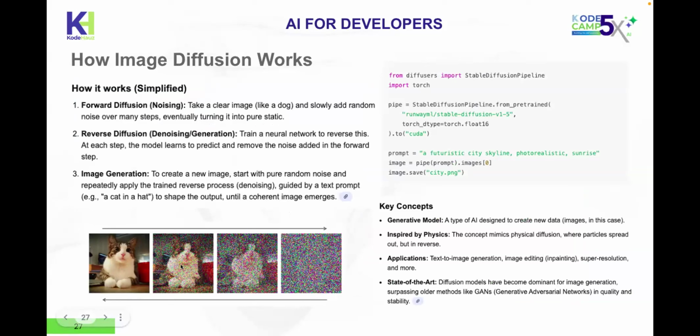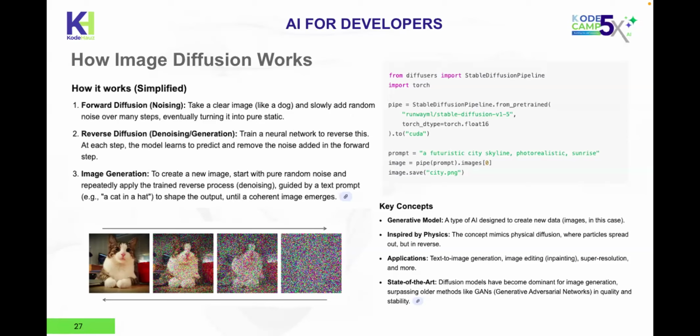You are keeping track of the image as you're adding noise to it. And you do that over many steps. So eventually, by adding a lot of noise, it becomes this noisy image that doesn't contain anything, right?